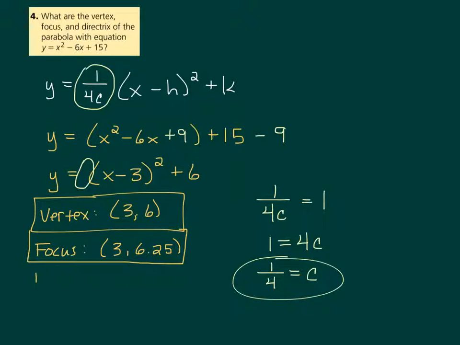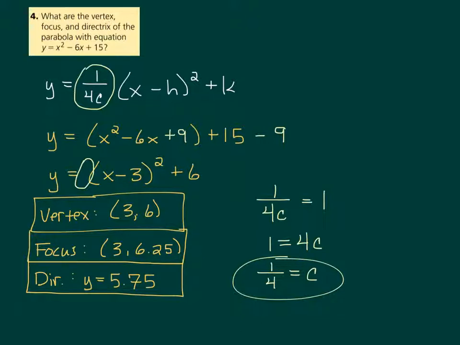The directrix, which I will then abbreviate as dir, you only get it once. The directrix is going to be y equals, it is from the vertex straight down c. So that's going to be y equals 5.75.